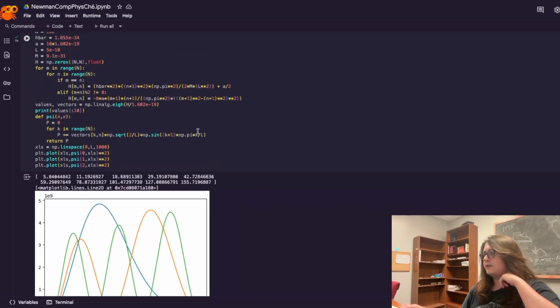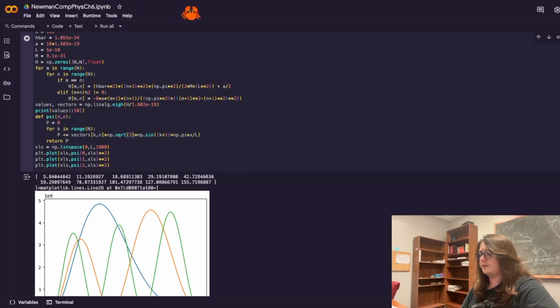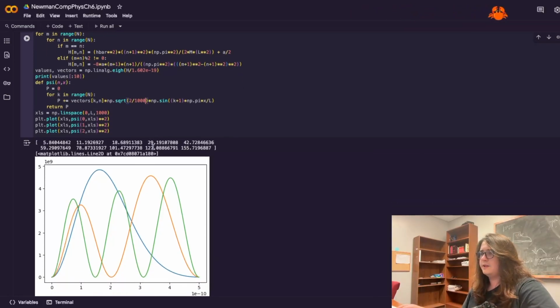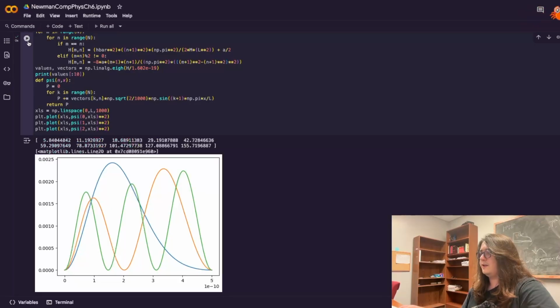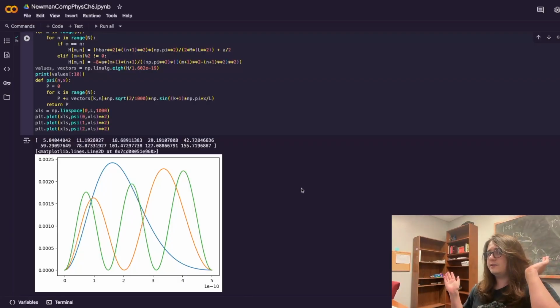So if I, for instance, just got rid of the L and divided it by 1,000, which is the amount of grid points that I'm using to do the plot, now it would be normalized. This is a normalized plot now. I checked via integration method. So I don't know what the deal is with that.